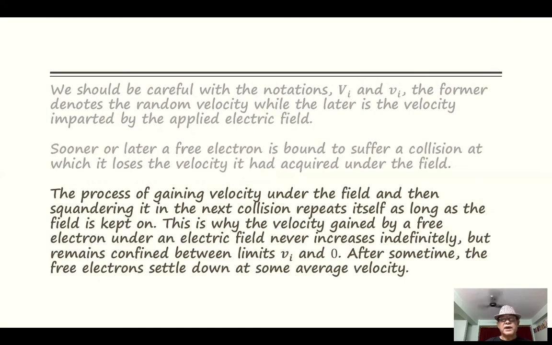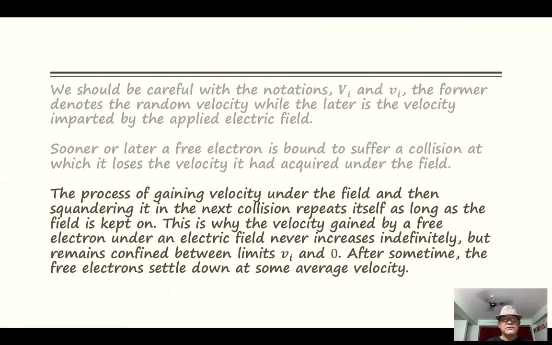The process of gaining velocity under the field and then squandering it in the next collision repeats itself as long as the field is kept on. This is why the velocity gained by a free electron under an electric field never increases indefinitely, but remains confined between limits v_i and 0.